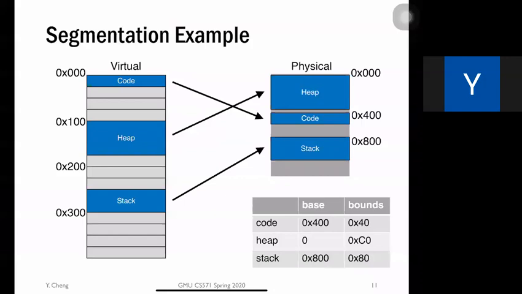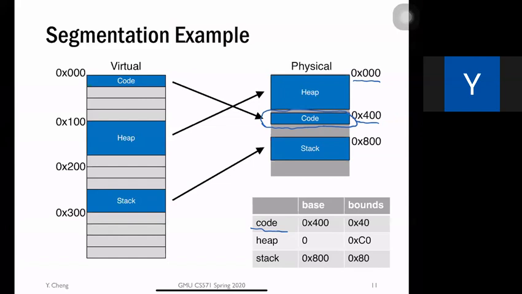So for the very first segment, code, if you take a look at where exactly it is located within the physical address space, it's located over here, right? So it has a base value of 0x400. Okay, and the heap memory segment is located at the very beginning, starting from the very first byte within the physical memory. So its base address is 0.